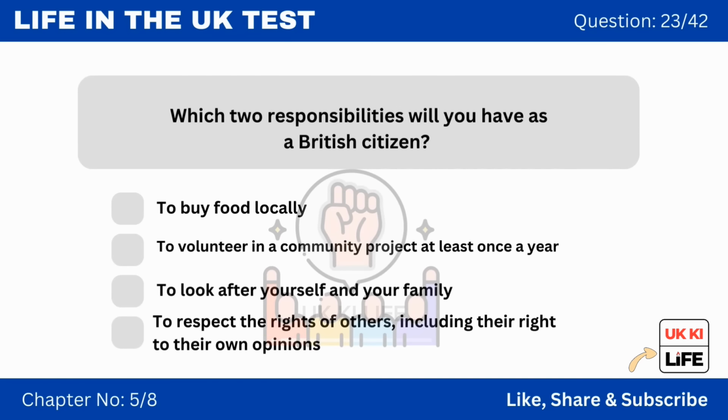Question 23. Which two responsibilities will you have as a British citizen? To buy food locally. To volunteer in a community project at least once a year. To look after yourself and your family. To respect the rights of others, including their right to their own opinions.